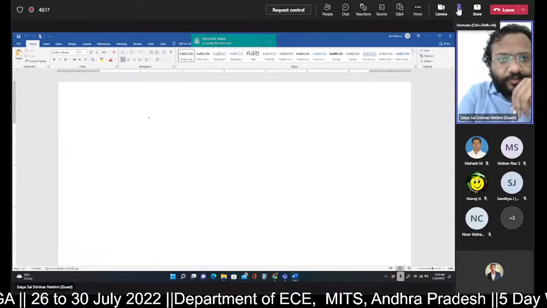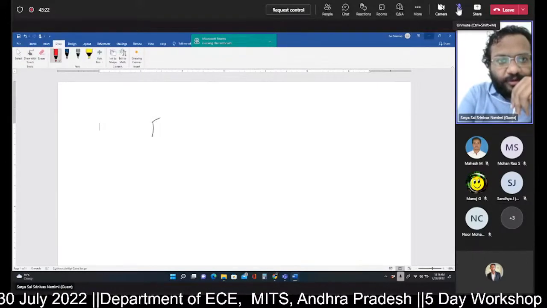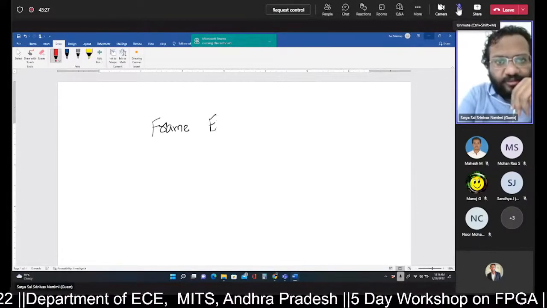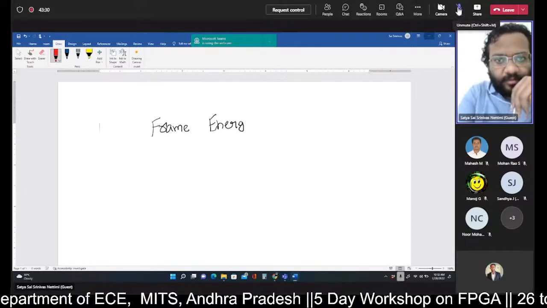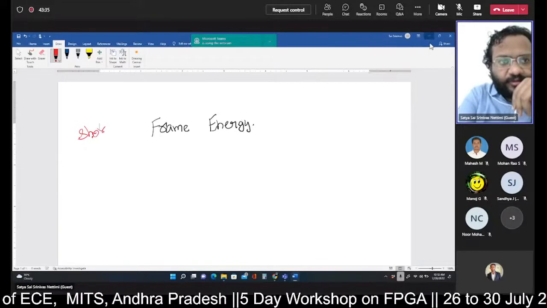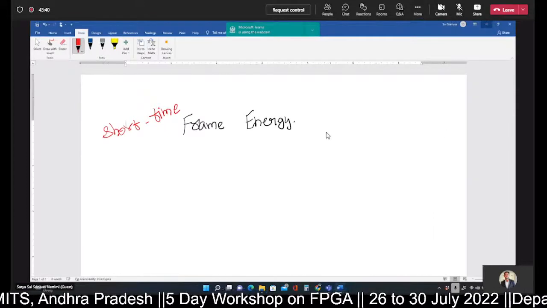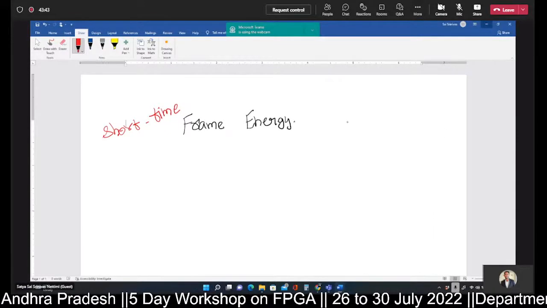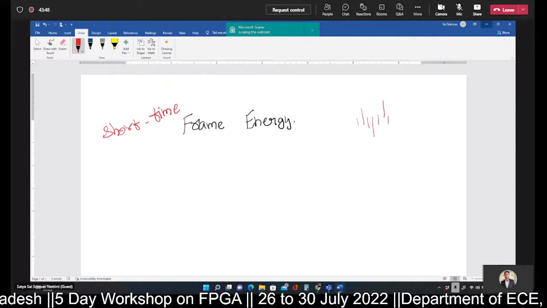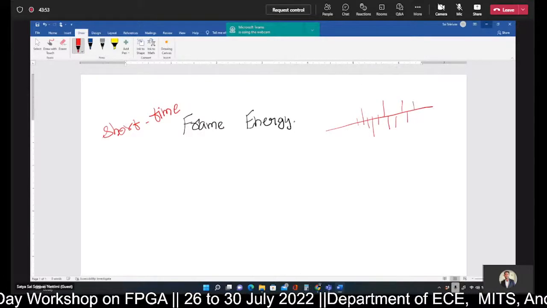We are going to design a hardware architecture to compute frame energy, to be precise, short time frame energy. We have a digital signal, we have some samples like this.